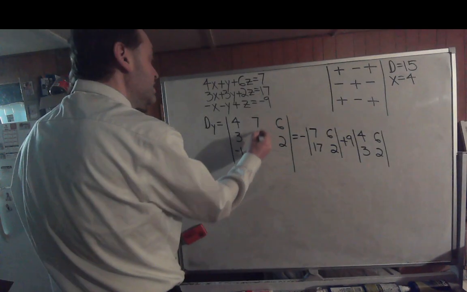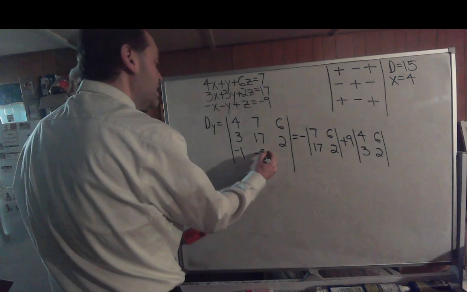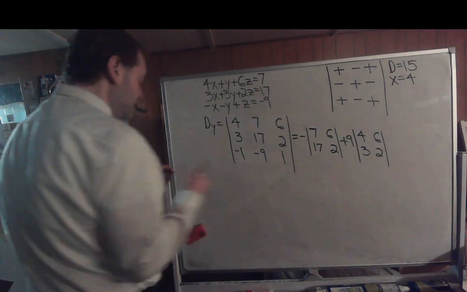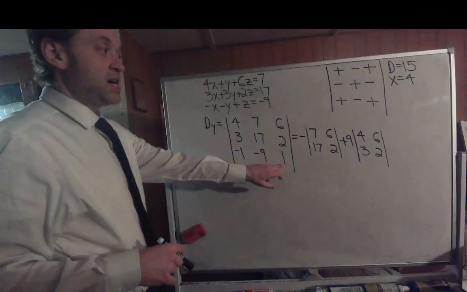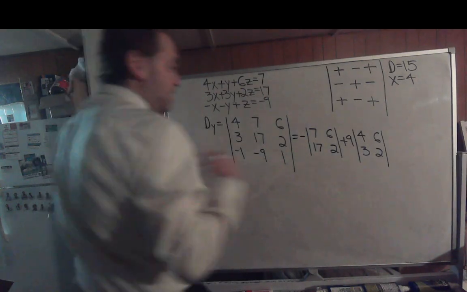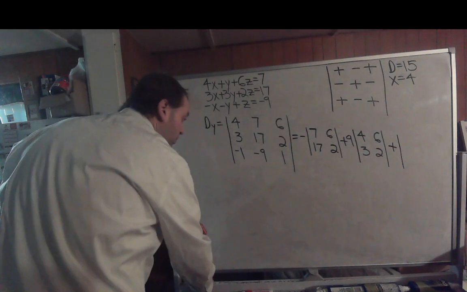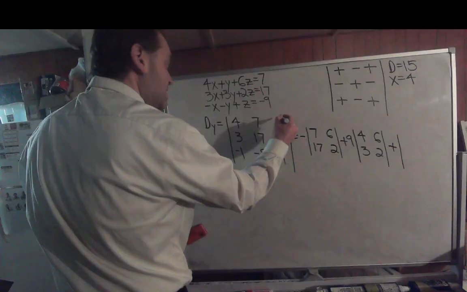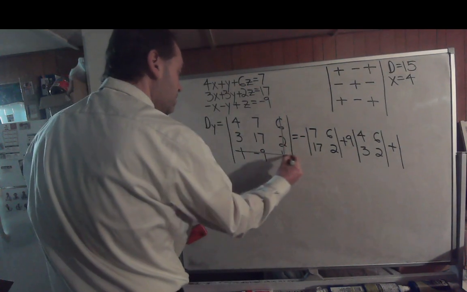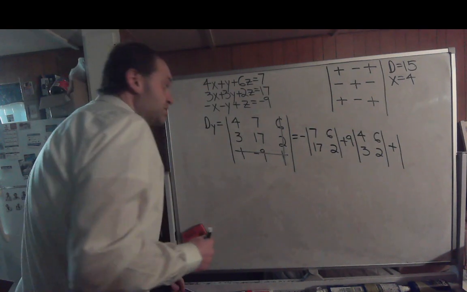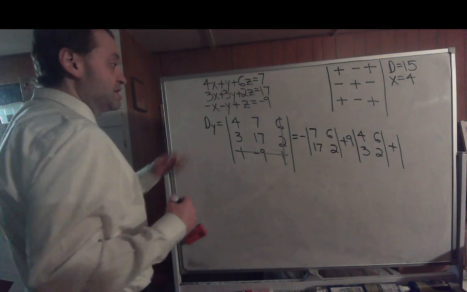Alright, so 7, 17, -9, 6, 2, 1. Alright, final entry of the third row is a +1. According to my coefficient matrix, I take positive of +1, so that'd be plus the resulting determinant of whatever's left over when I strike out the third column in the third row. So the resulting determinant is going to end up being 4, 7, 3, and 17. So there's my determinants.